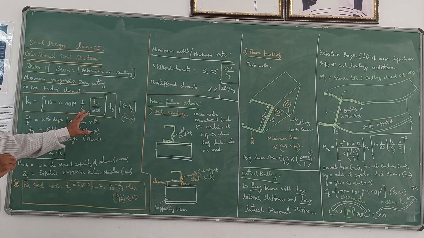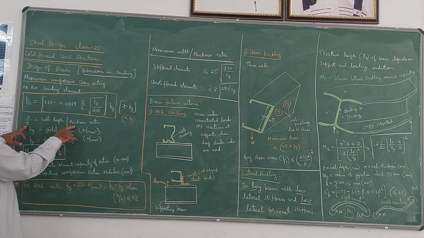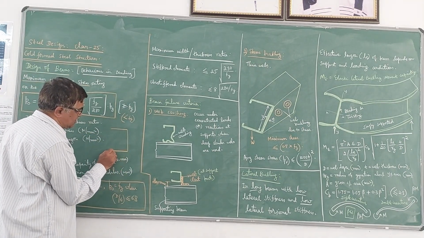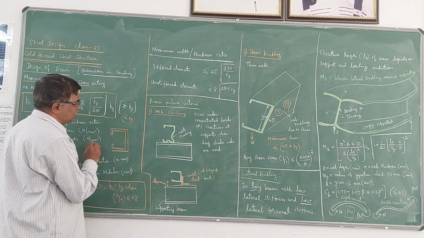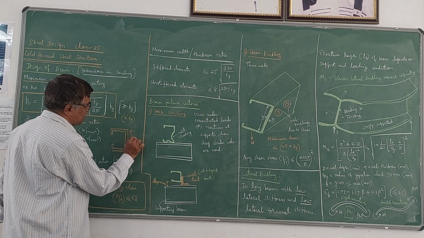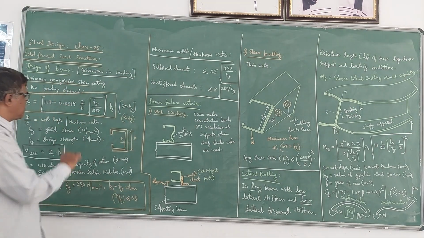Here the nomenclature is like this: d by t is the ratio of depth to thickness. Suppose this is the section used as an example. Here this is d, the depth, and t is the thickness. So this is the d by t ratio.